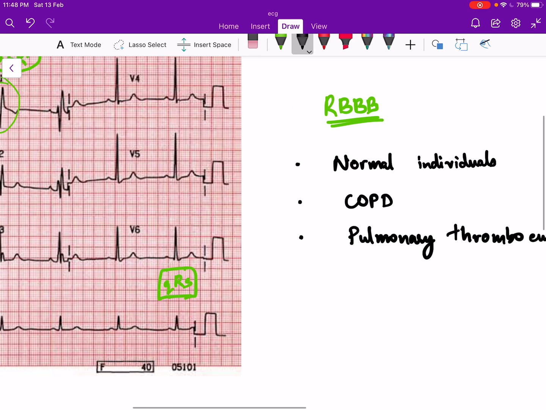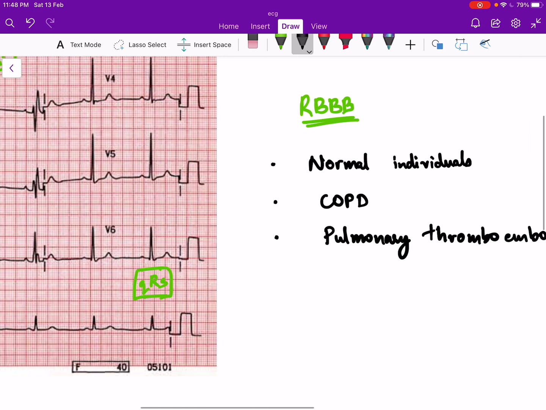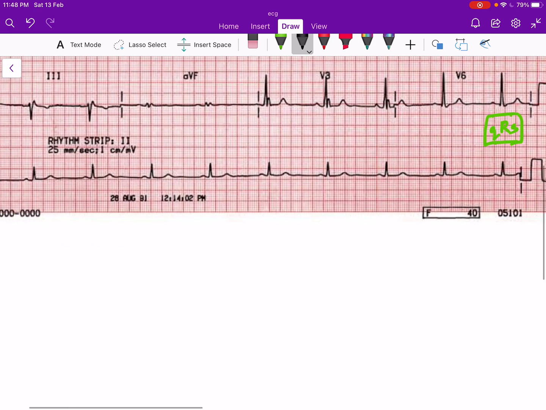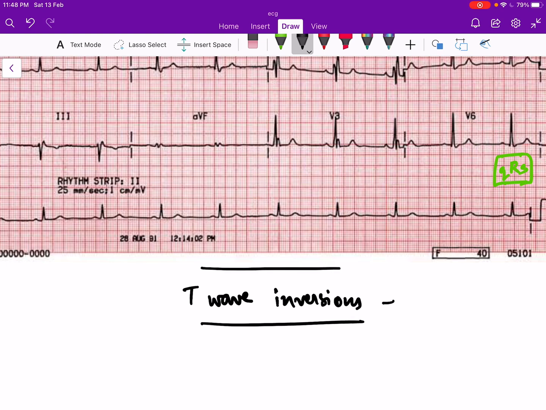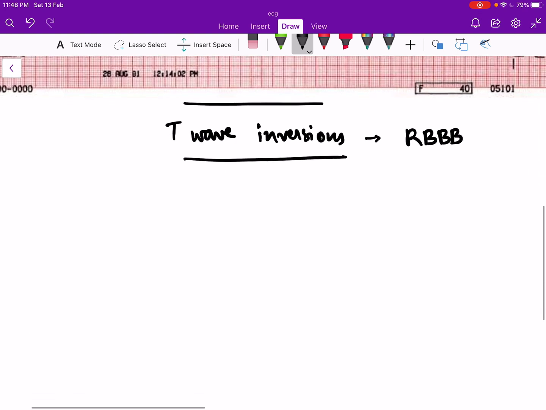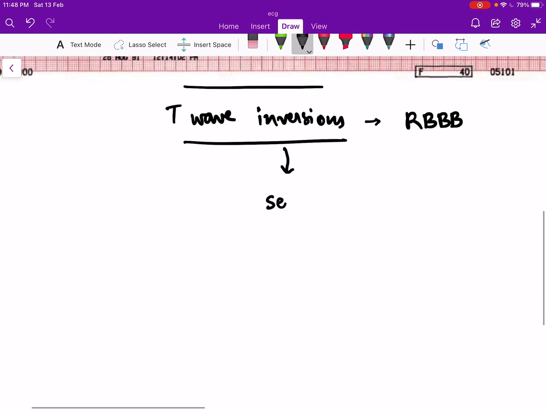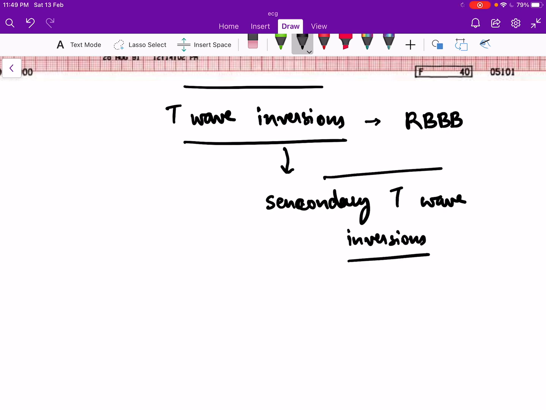One more thing to notice here is something called T-wave inversions in a person with RBBB. These T-wave inversions are called secondary T-wave inversions. Why are these called secondary?